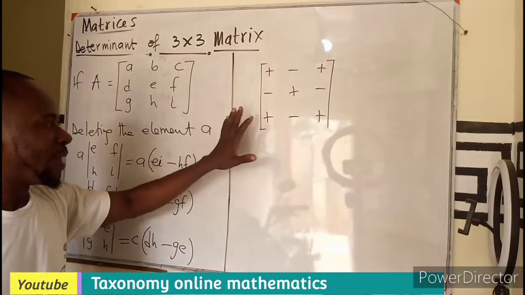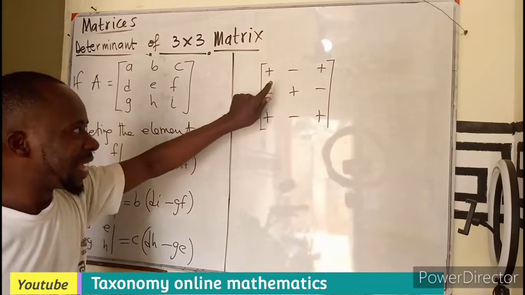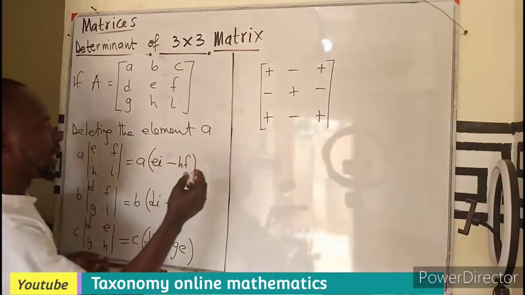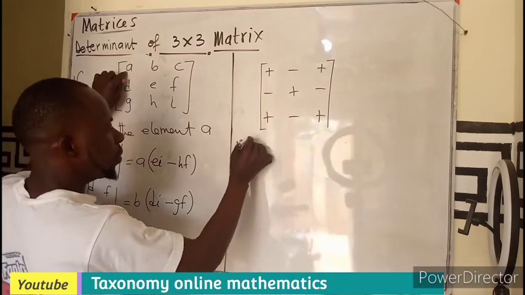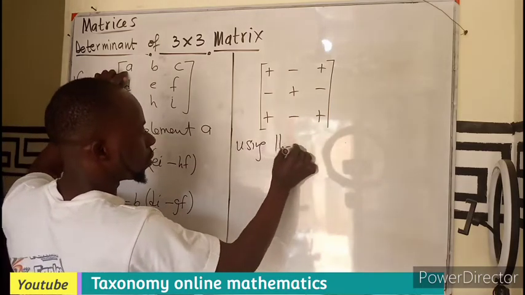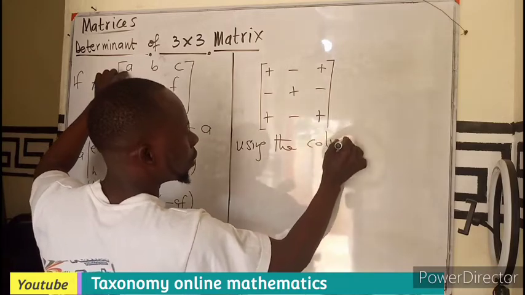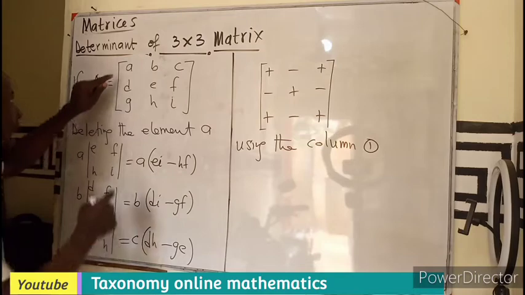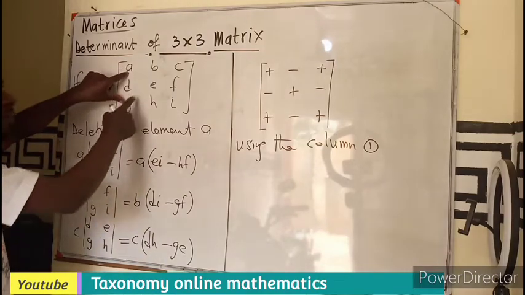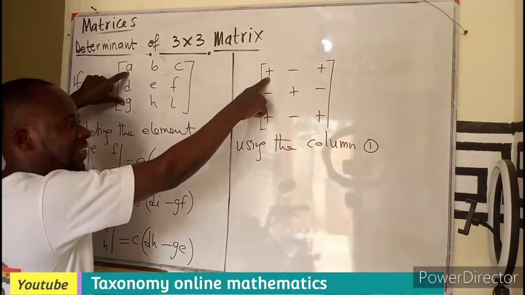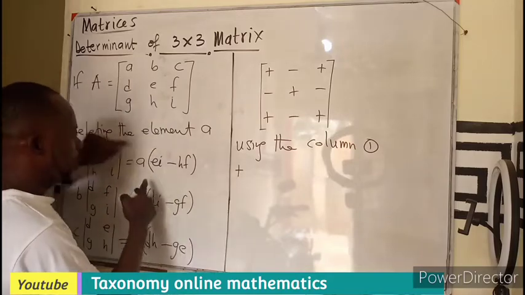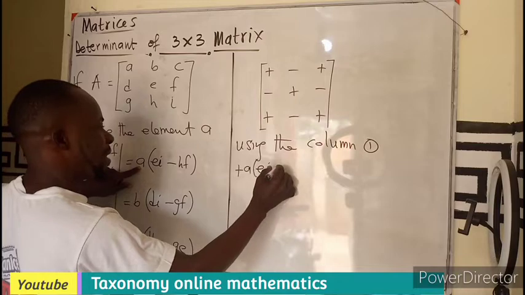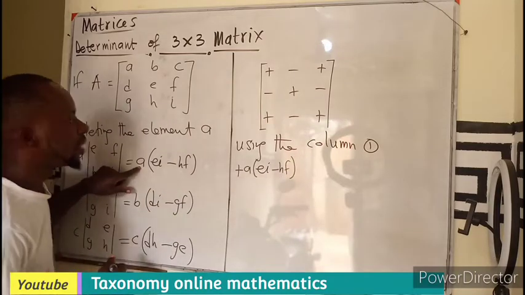So the moment I am able to get this, if I take the point A, let me say using column 1, that is where I am picking the A. It means this is going to take the sign plus. So plus A, EI minus HF. Where did I go?